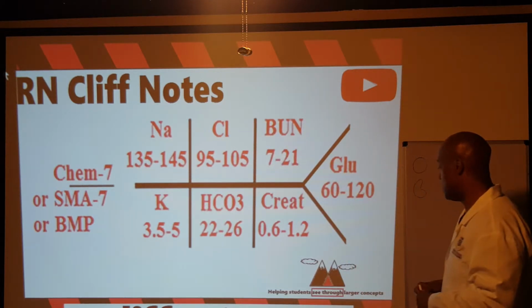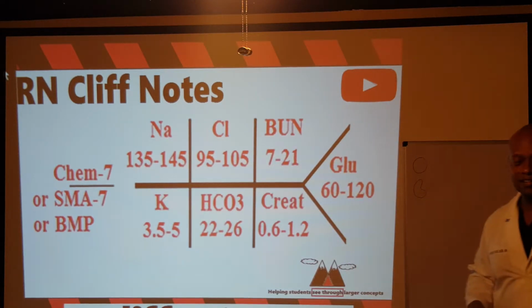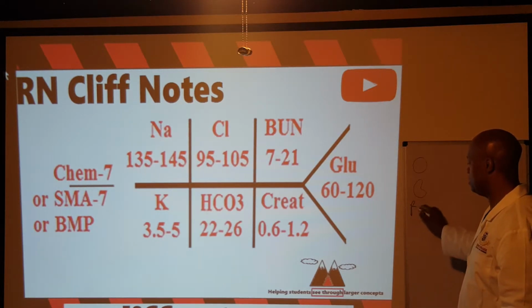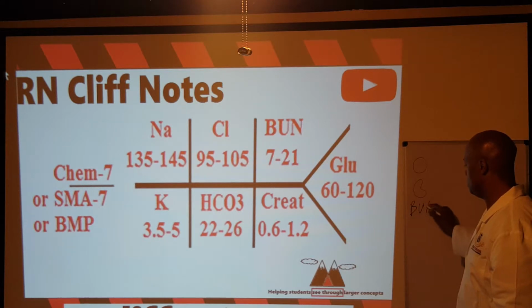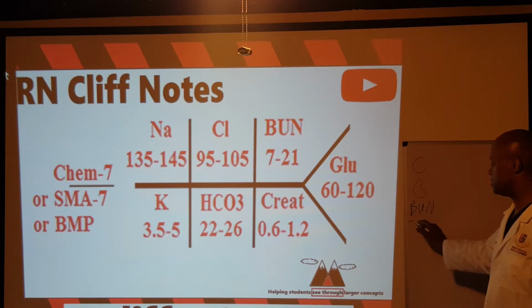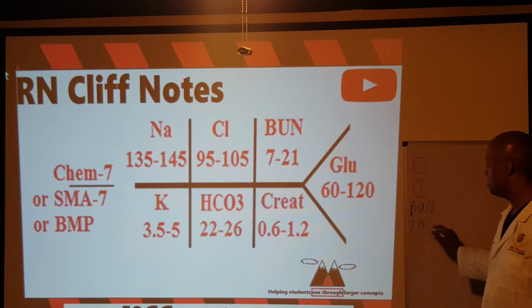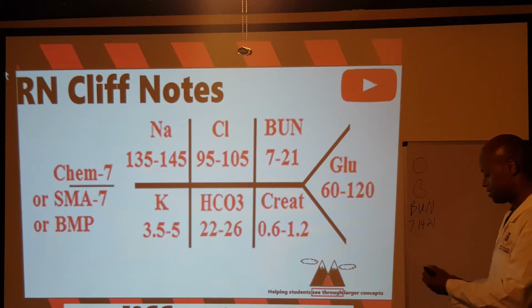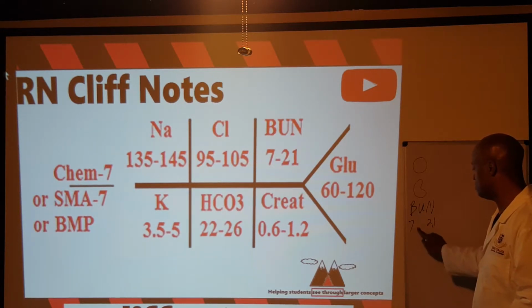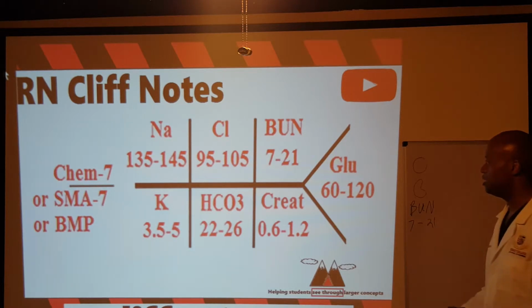If we assign 7 to each letter, B, U, N, what happens? 7 plus 7 is 14, plus 7 is 21, wouldn't it? Absolutely. So 7 to 21 is the BUN.